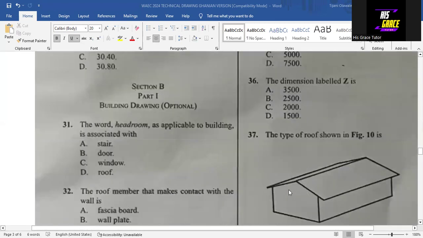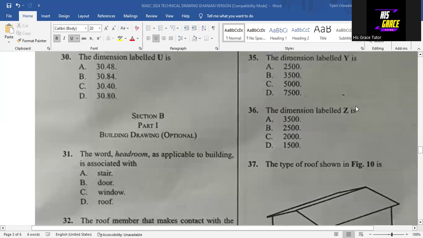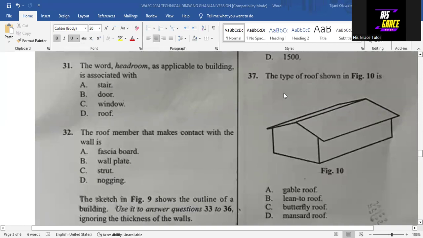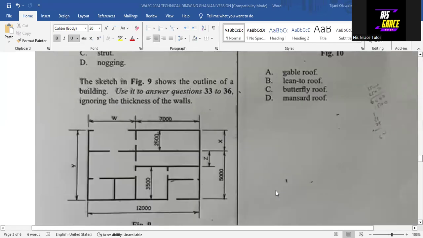It means that the answer to question 36 is option D, which is 1,500. Then question 37 says that the type of roof shown in figure 10 is, this is a gable roof. So option A is the answer to this question.